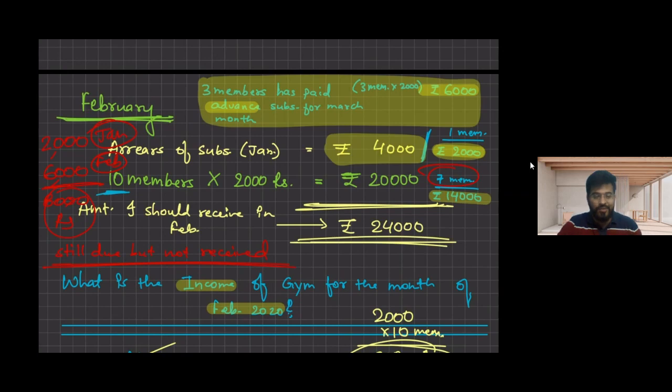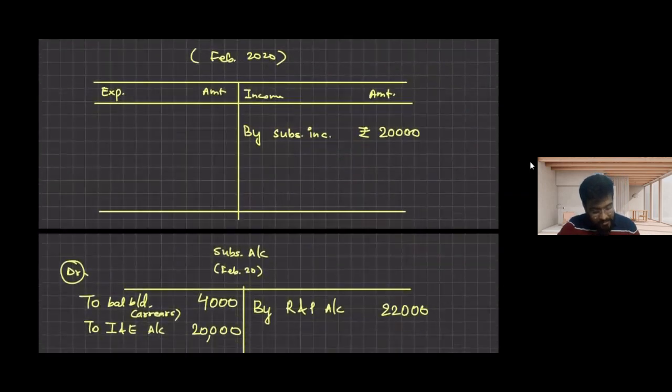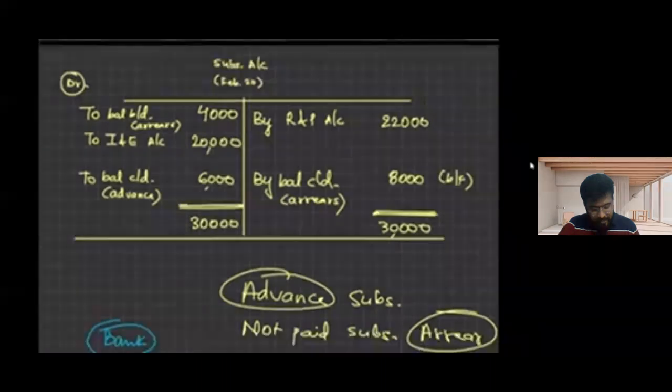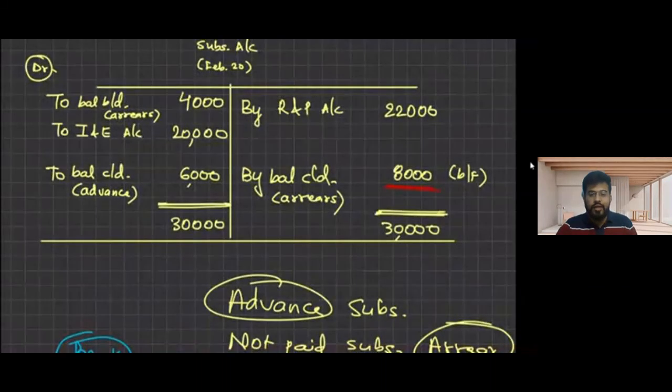So this 8,000, the balance which is coming in my subscription account, out of this 8,000, I should say that 2,000 is for the month of January and 6,000 is for the month of February. So now this is the correct presentation of what I am doing.